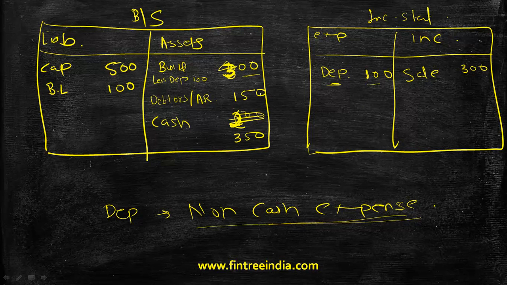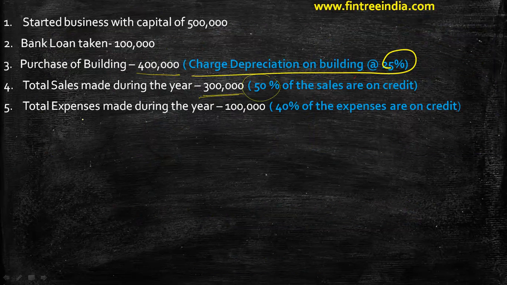Again, repeating the same transaction, the entire sales of 300 was shown on the income side, and then it was given two effects. 150 was added to cash, and the remaining 150 was shown as accounts receivable on the balance sheet asset side. Now let's give effect to the last transaction.